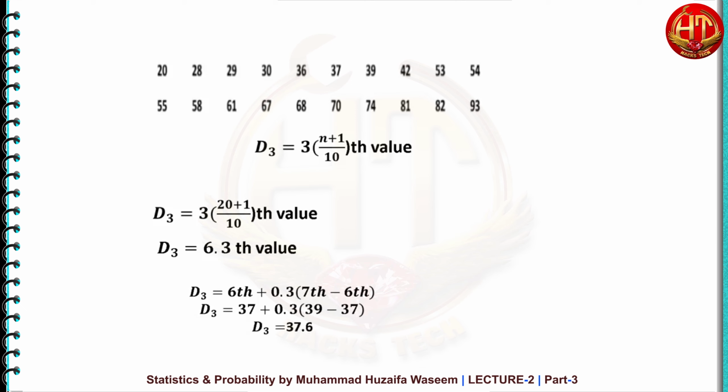So your third decile is equal to 37.6. This is your answer. It's just a partition. It's not necessary that it is exactly present in the given series.